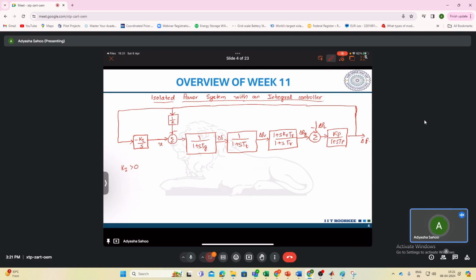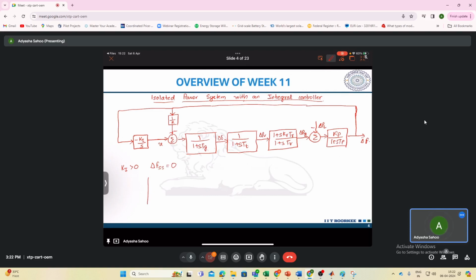So what happens when we add this additional controller, not PI, only an integral controller here? If you write the expression of delta F from this block diagram and then substitute S as 0 for the steady state condition, finally we get that for such a system with a controller, your delta F steady state becomes 0.